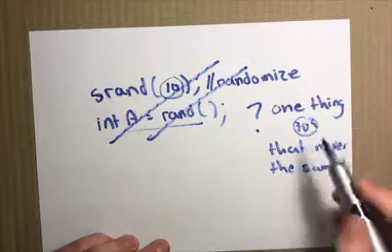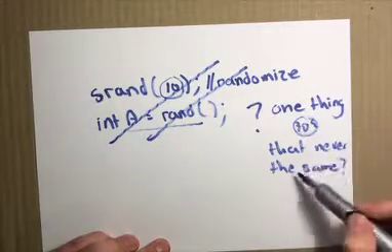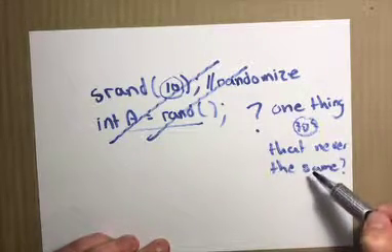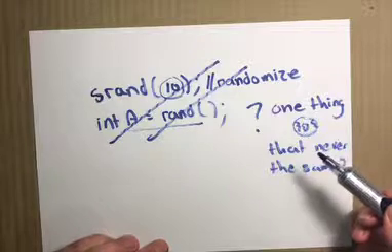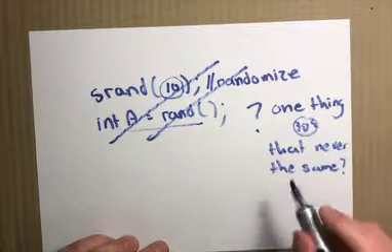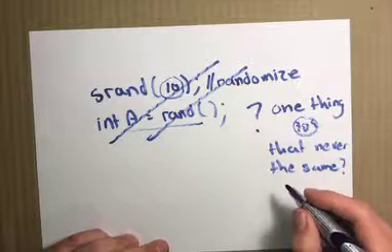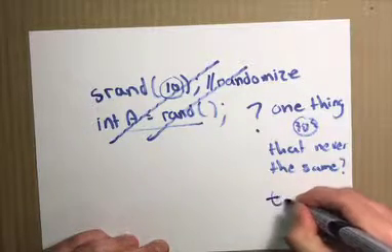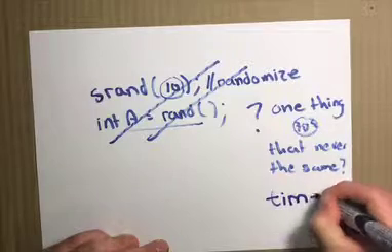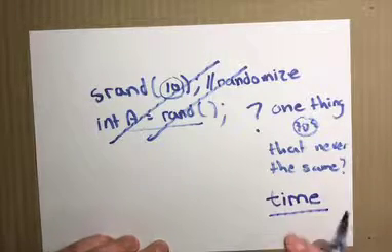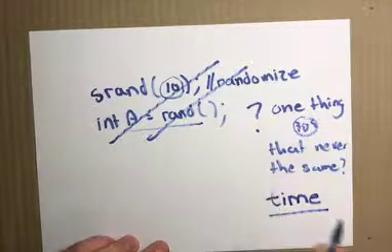What's the one thing in the world that's never the same? And the answer to that question is quite simple. We all know it. Time. Time is always changing.